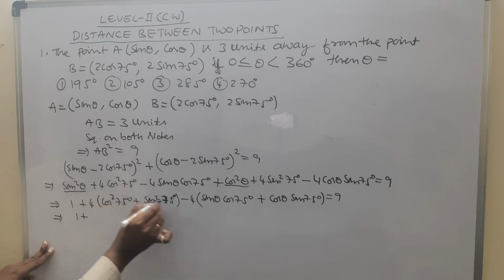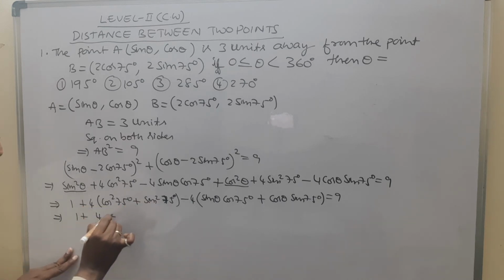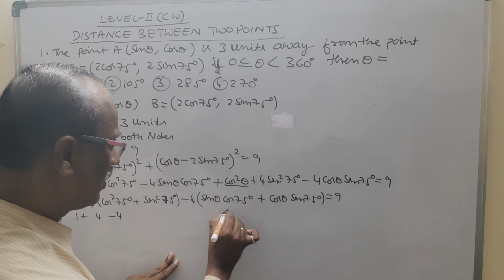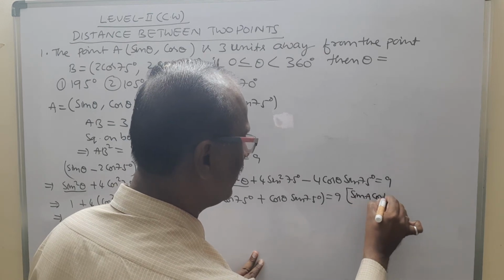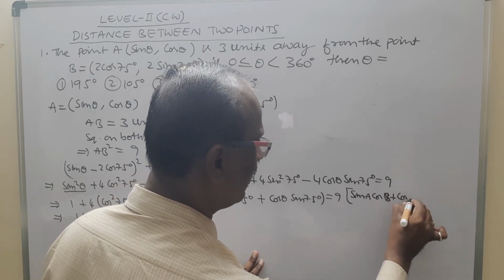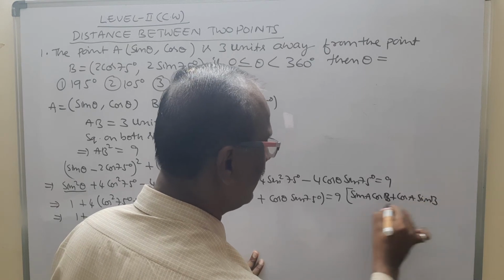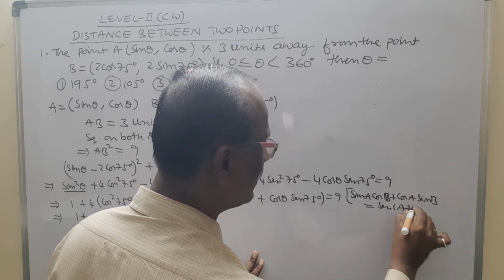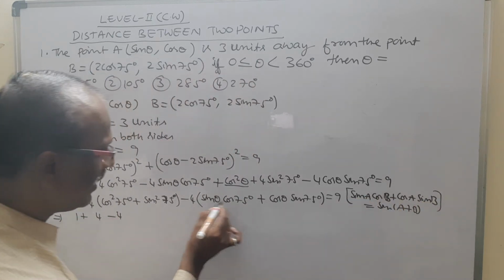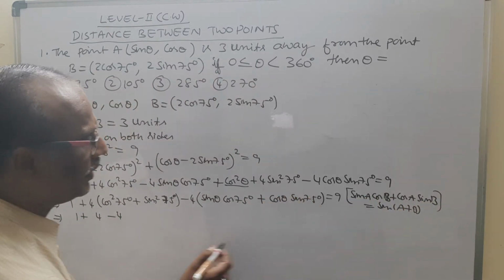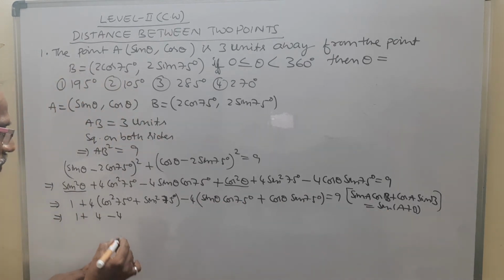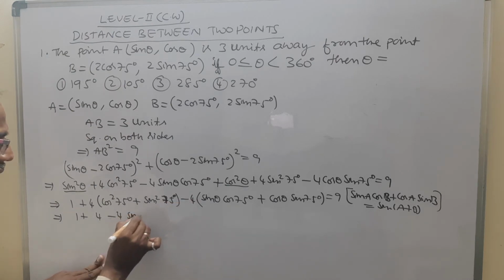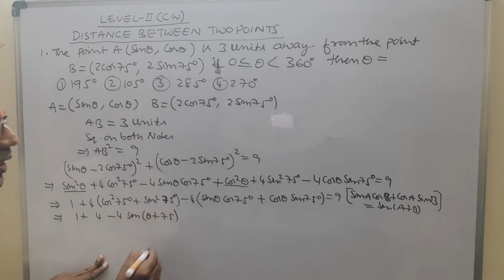1 plus 4 into 1, 4 minus 4 into, here one formula is there, trigonometry: sin A cos B plus cos A sin B is equal to sin of A plus B. This is the formula. Here A is equal to theta, B is equal to 75 degree. Sin of theta plus 75 degree, minus 4 sin of theta plus 75 degree equal to 9.